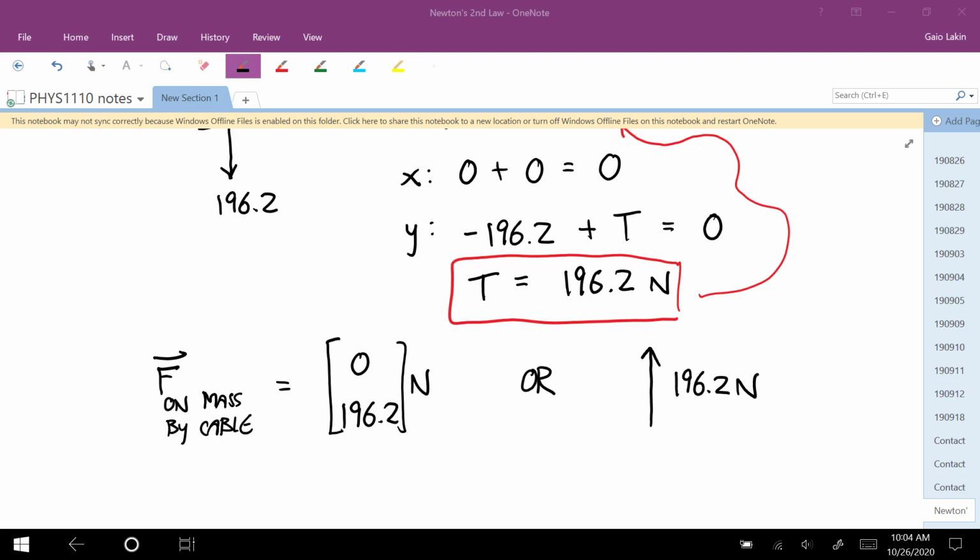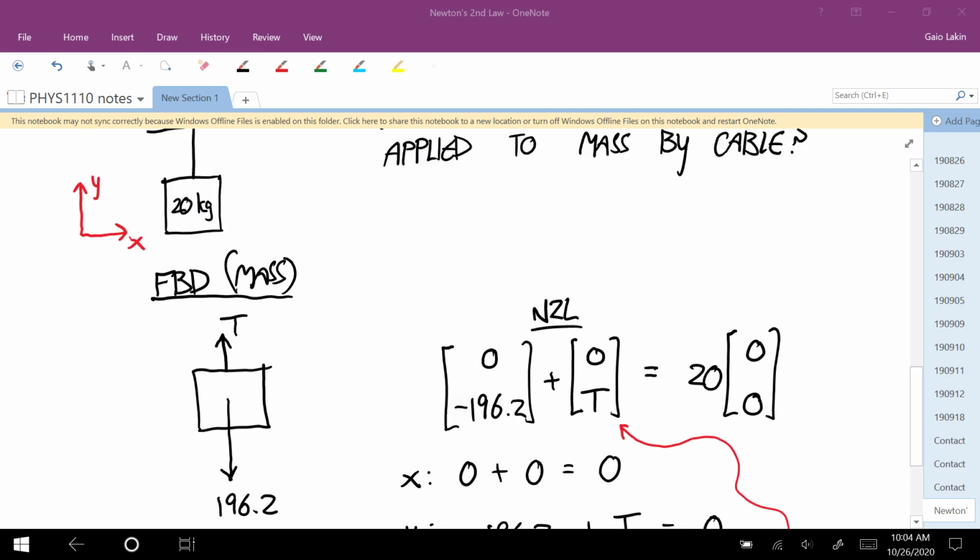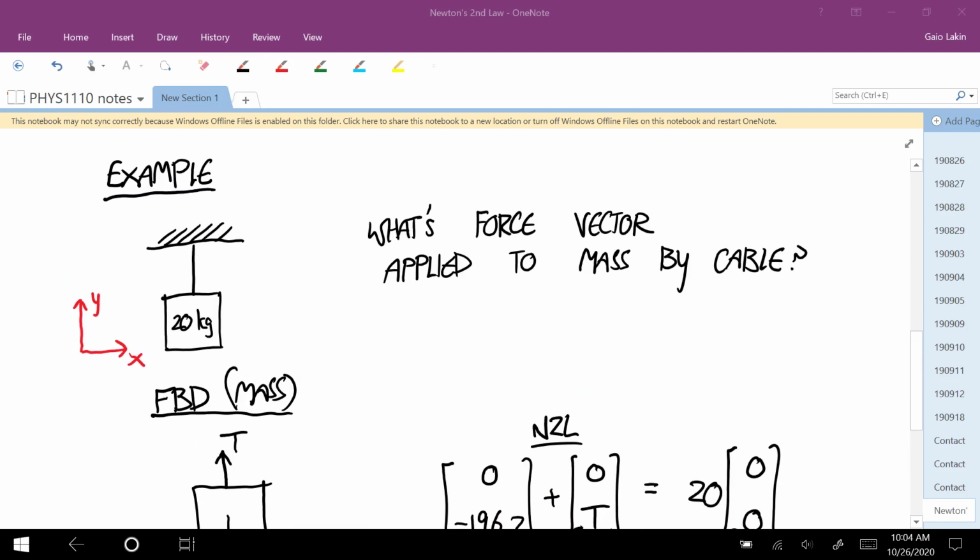So that cable is pulling up on the mass with a magnitude that in this case is equal to the weight. And that's why, if you've ever seen the way spring scales for weighing fish work, the idea is you hang the fish from basically a cable that's spring loaded.